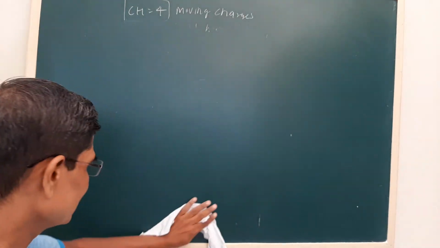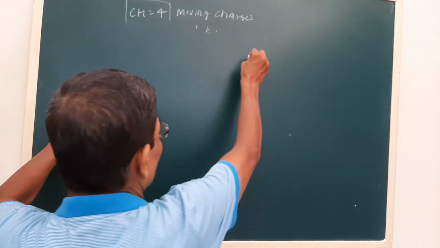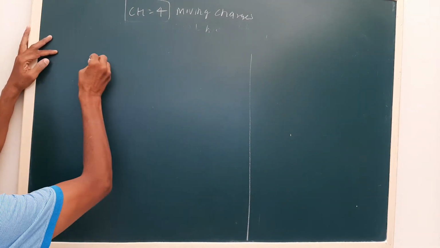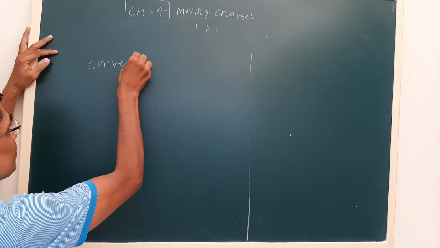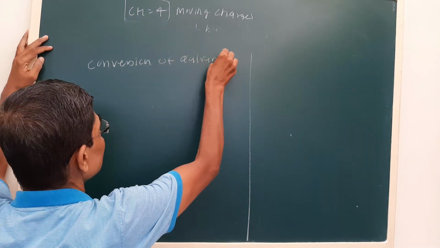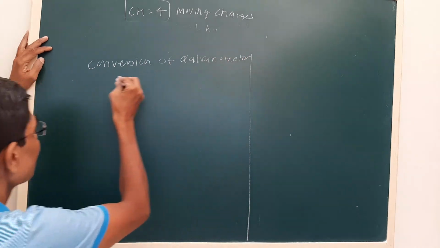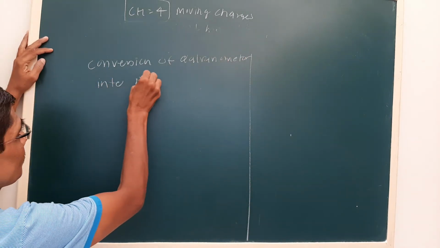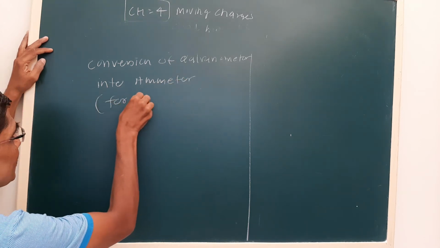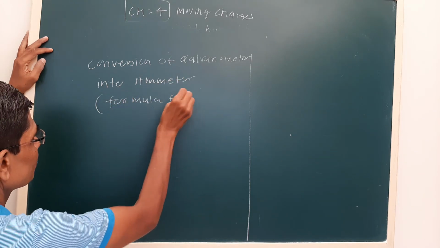Though it is not covered as a derivation, we should see here the conversion of galvanometer into ammeter. That is formula 4.